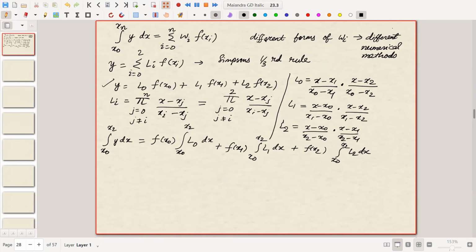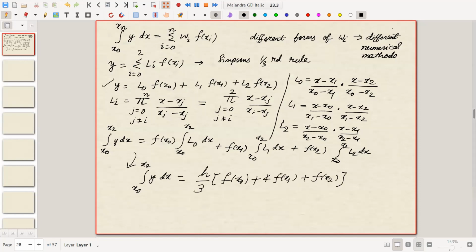Then you can show, there is a bit of just algebra involved, then you can show that integration x0 to x2 y dx equals h over 3 times f of x0 plus 4 times f of x1 plus f of x2.